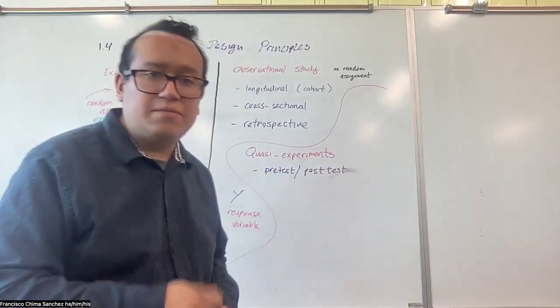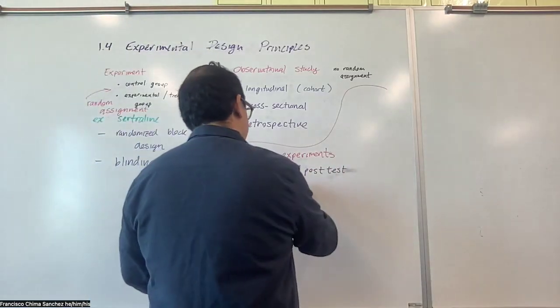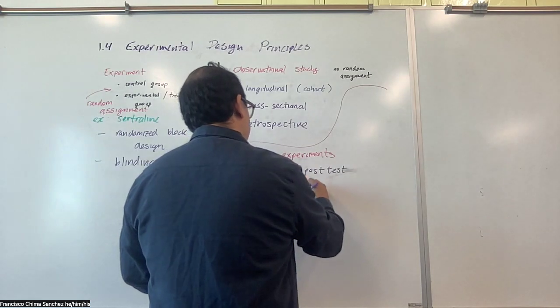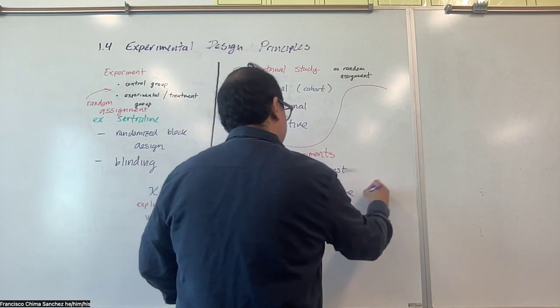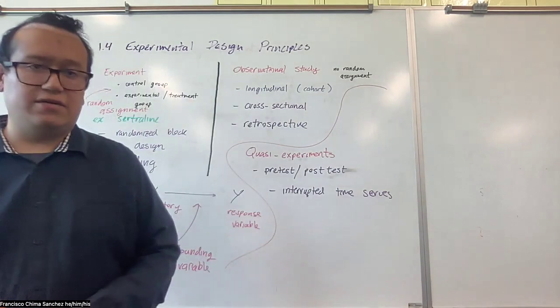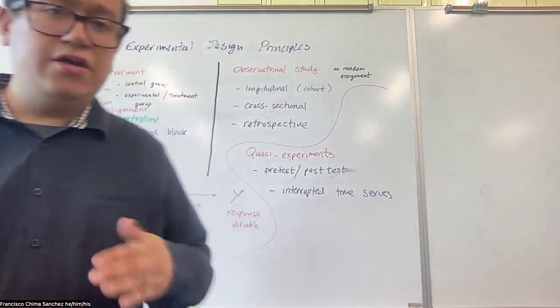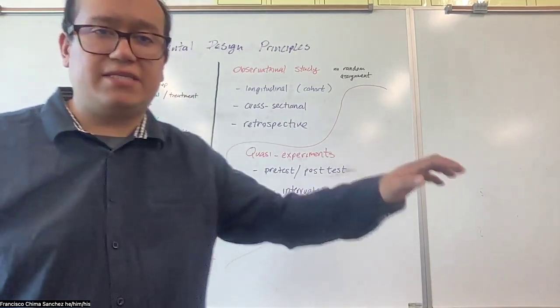Another kind of quasi-experiment is what we call the interrupted time series. Again, the idea being you're tracking changes over time. We'll discuss time series in more detail in the next chapter. But essentially, you're tracking changes more on a day-to-day or more of a constant basis, right?